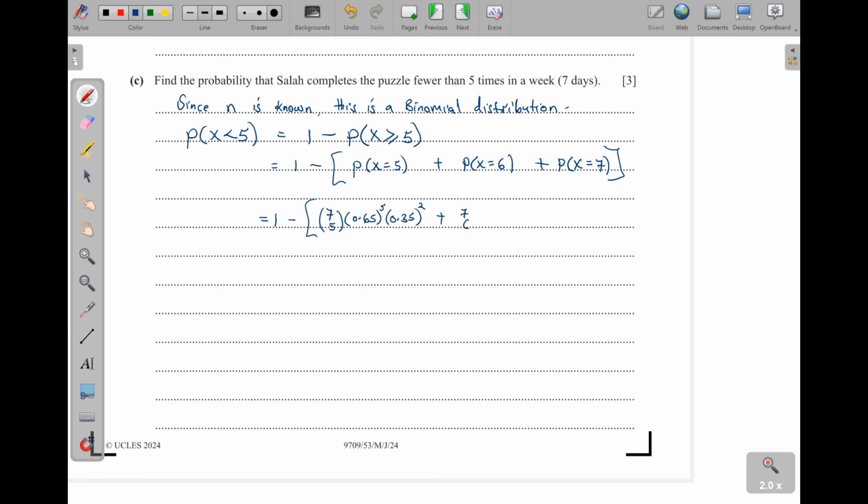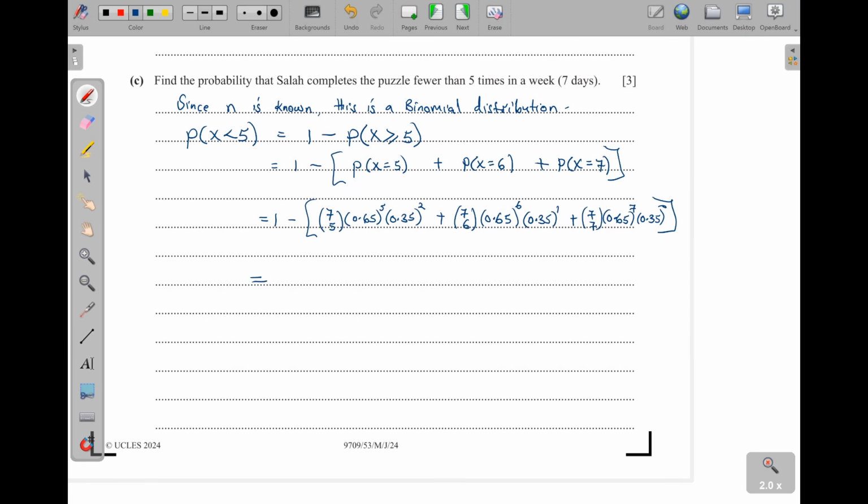So 7 combination 6, 0.65 to the power of 6, then 0.35 to the power of 1, and then 7 combination 7, which is a 1, times 0.65 power 7, and then times 0.35, it has to be power 0, which is also 1 here.